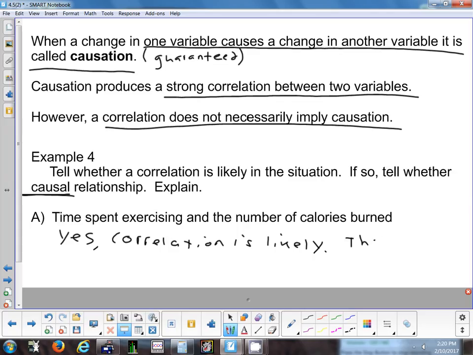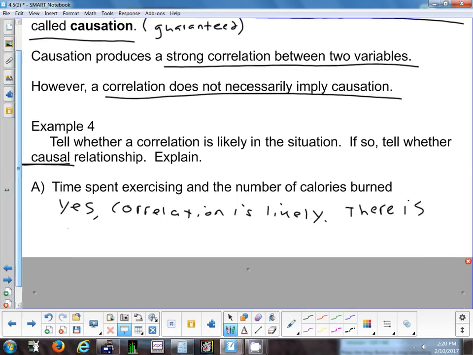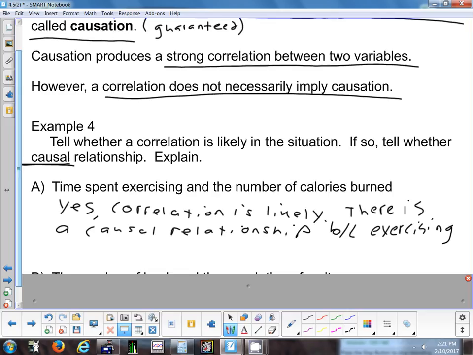So I'm going to put there is a causal relationship. But then it asks me to explain. So I'll say, yes, there is a causal relationship because exercising longer guarantees more calories burned. Causal's a guarantee.